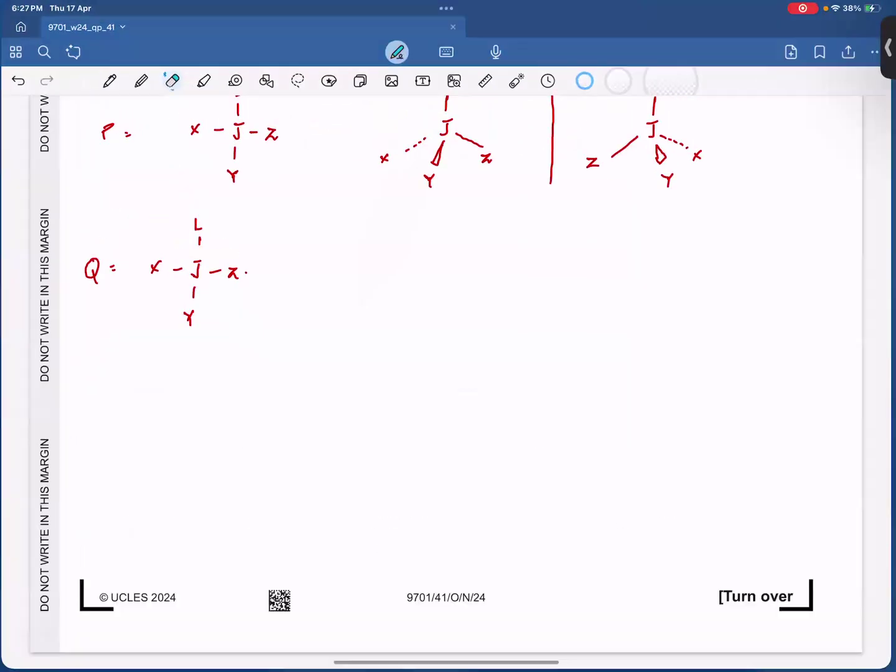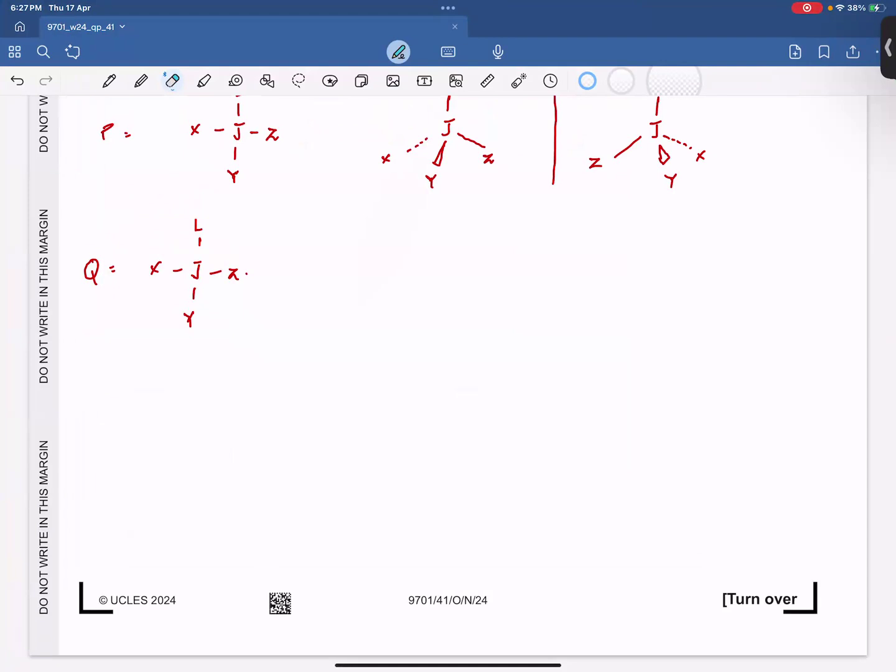All right, so we were discussing what if we have Q. So let's talk about Q here. So this is L, X, Y and Z, and obviously इसका mirror image कुछ इस तरह का बनेगा.